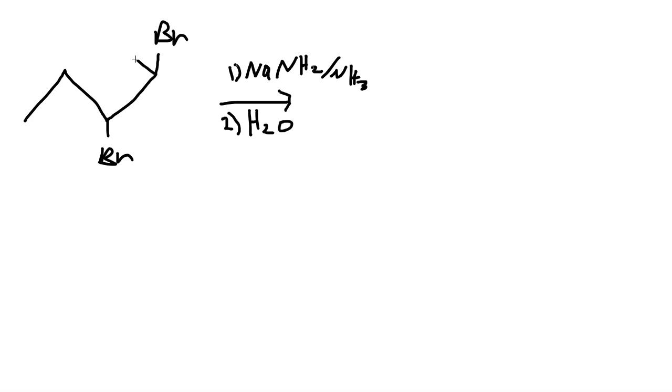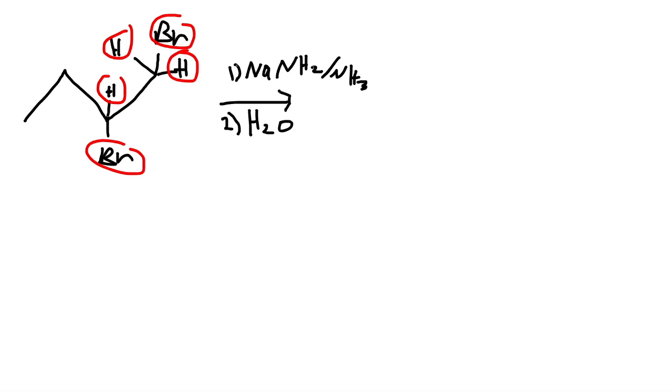So from here, let's draw out the hydrogens: one hydrogen, another hydrogen here, so that's two, and then another hydrogen over here. Our goal is to remove both of the bromines and all the hydrogens as well. When we have two or more hydrogens to remove, we would not use just one NaNH2.